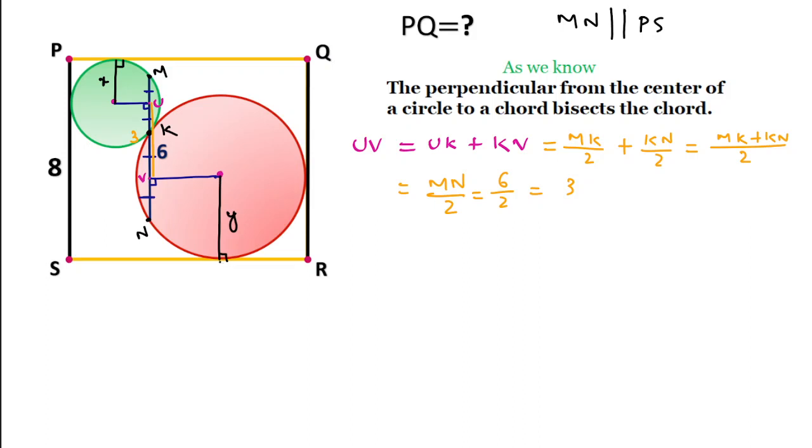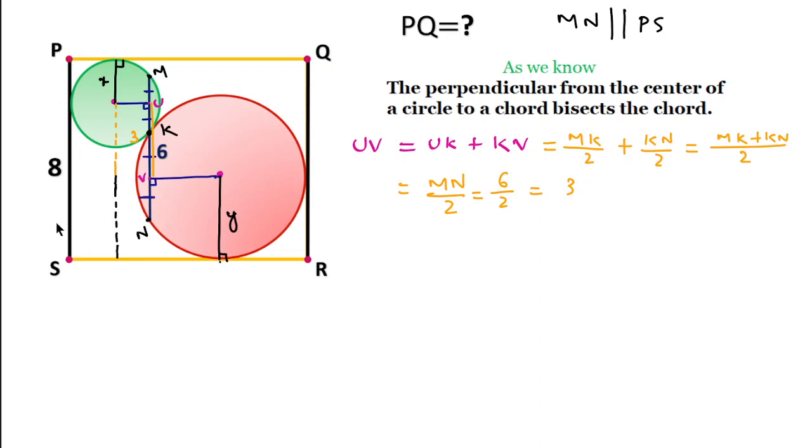Now you can see that this UV length, if we arrange it in this way, and this y length, that is the radius, if we arrange it here in this way, then this will also be parallel to this PS.